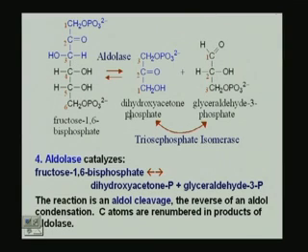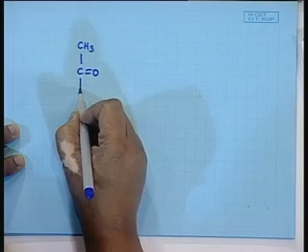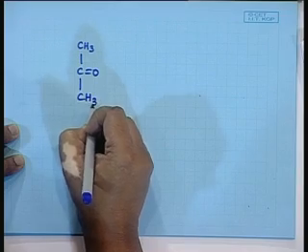One of them is dihydroxyacetone phosphate. If you look at this, CH3, CO, CH3 is acetone.